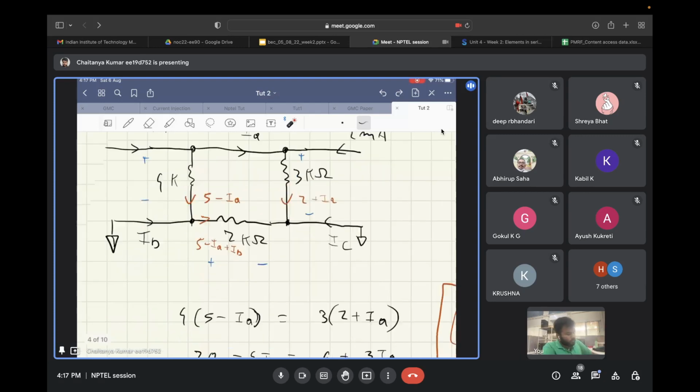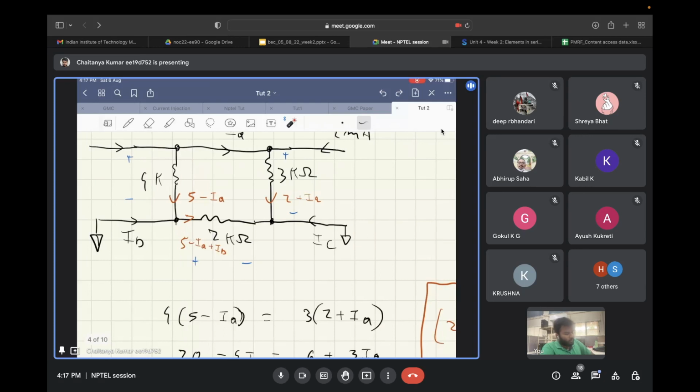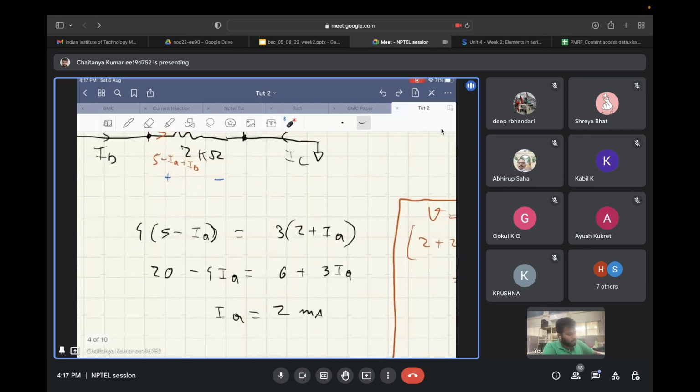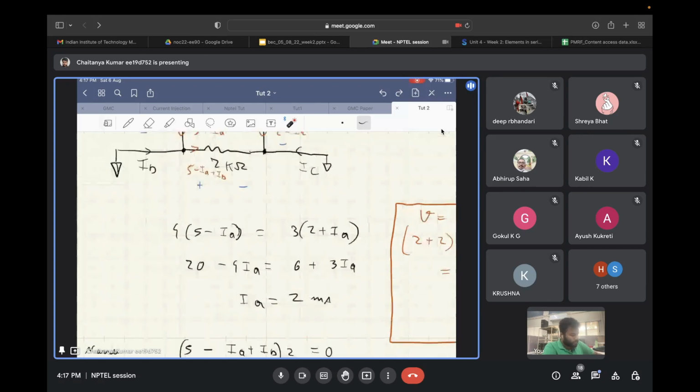If you equate the voltage developed across 4 kilo ohm and 3 kilo ohm, that will be 4 into (5 minus IA) is equal to 3 into (2 plus IA). From there you get a value of IA as 2 milliamperes.